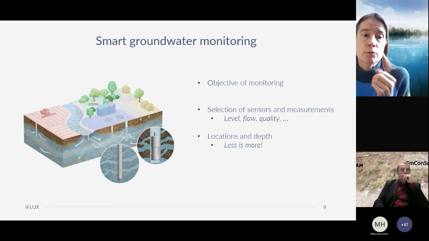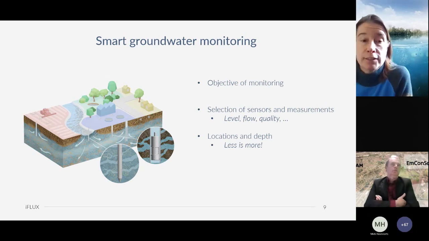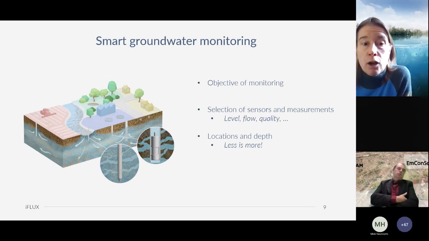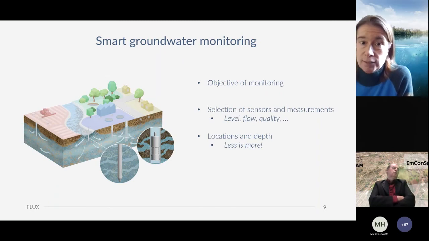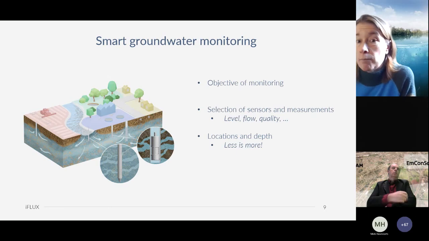So based on the objective and the site-specific circumstances, we will always select the right sensors and measurements to perform on site.